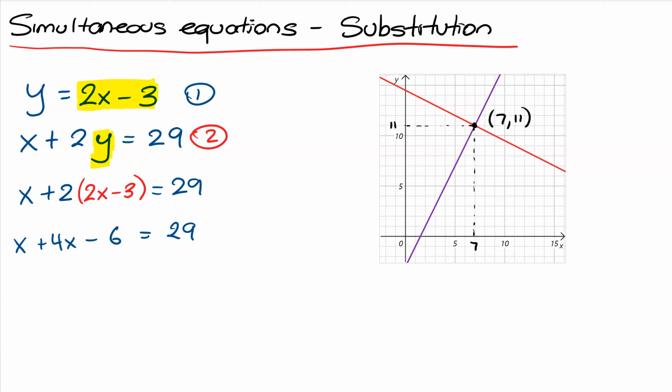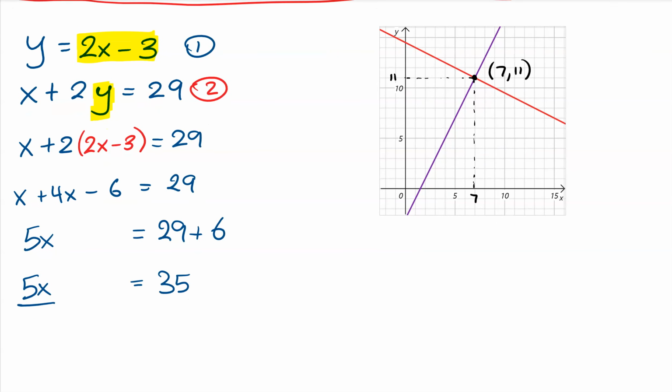I add my like terms, so I get 5x equals 29 minus 6. Oh, whoops, sorry, that's not minus 6, that should be plus 6. That becomes 35. And then I divide both sides by 5. So I get x is equal to 7, which is what I got over there.